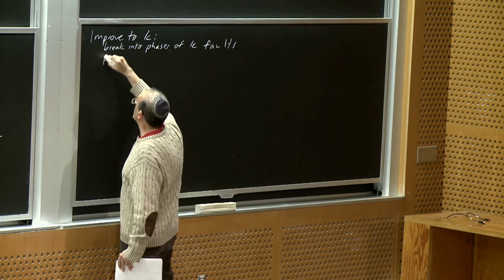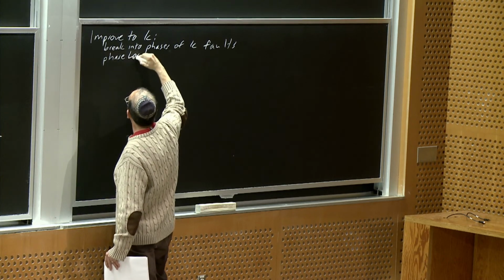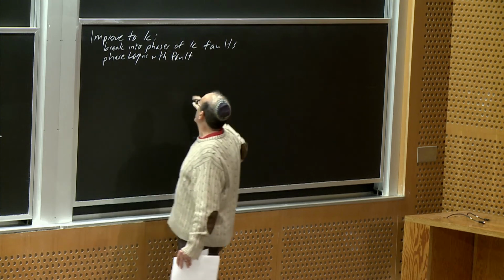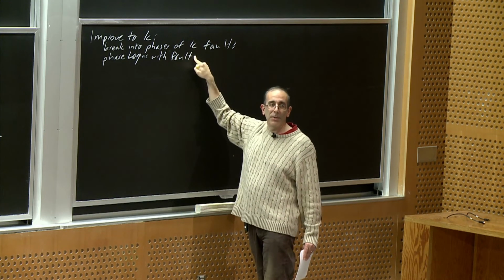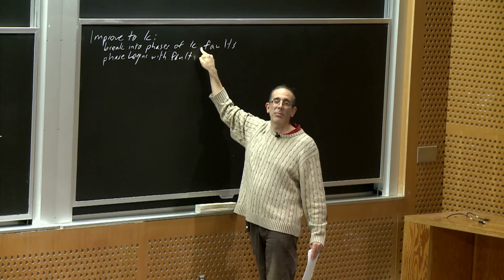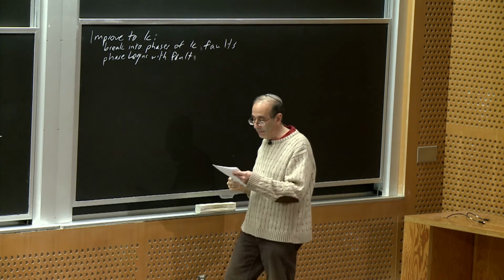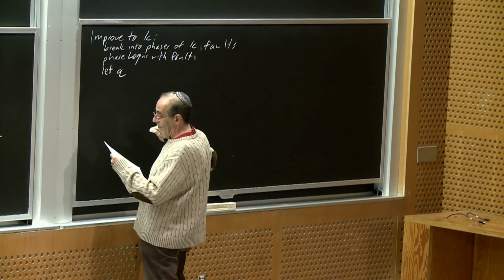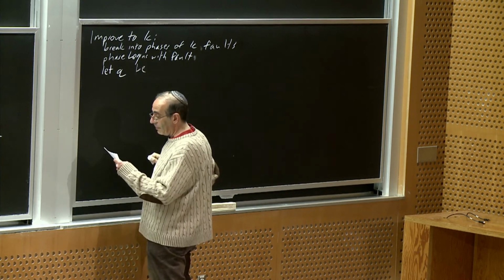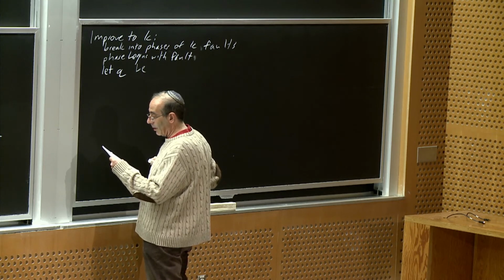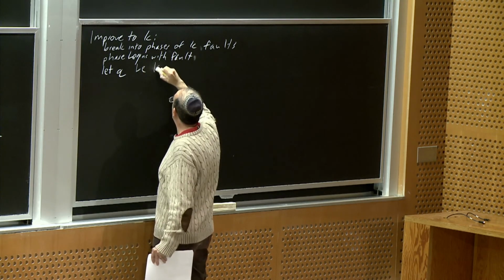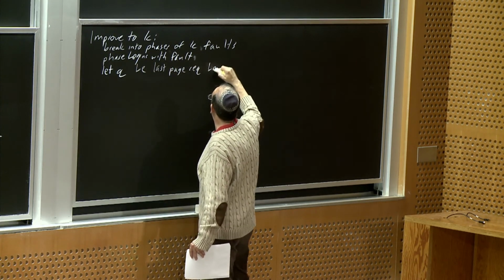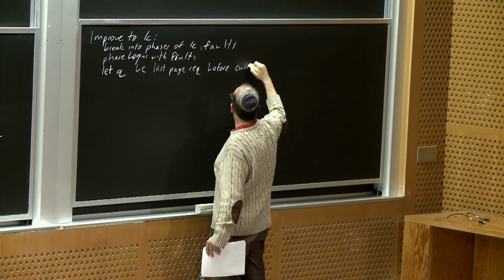Notice that a phase begins with a fault. It basically begins with the K plus first fault, because that's the first request that can't fit into the previous phase. Let Q be the last page requested before the current phase.